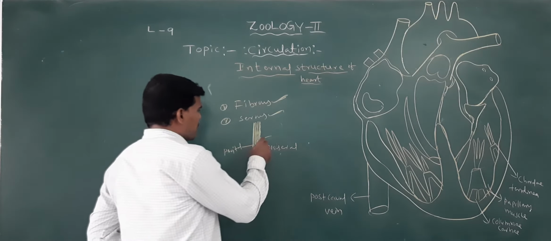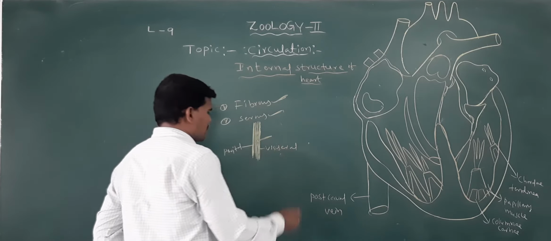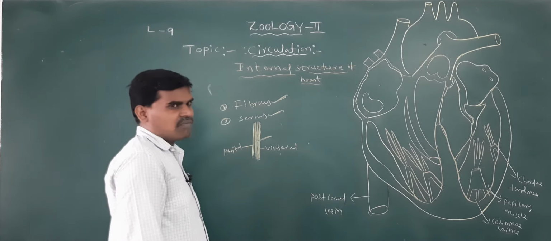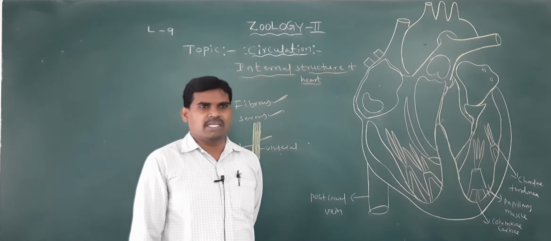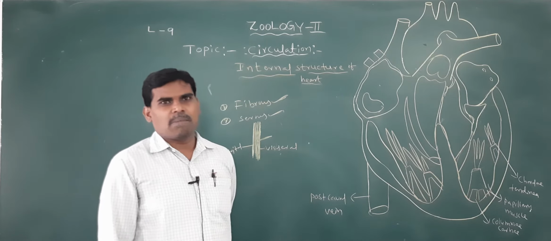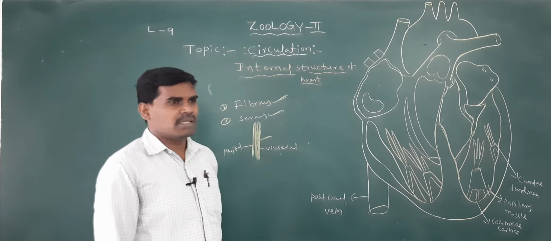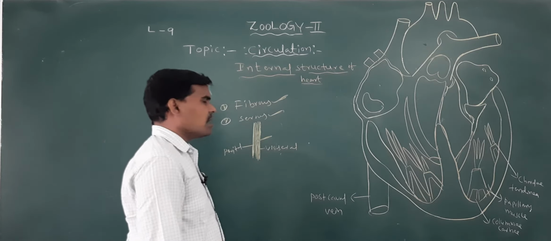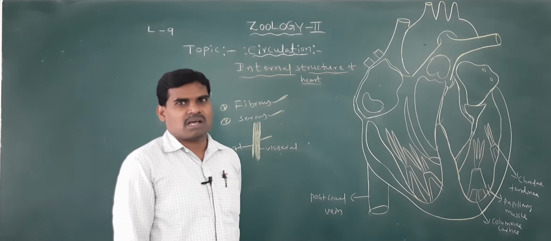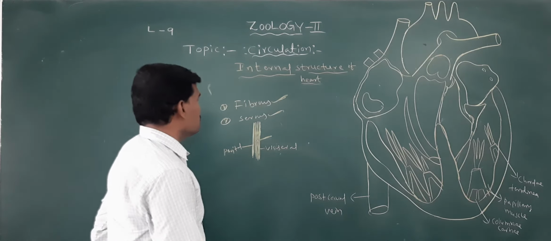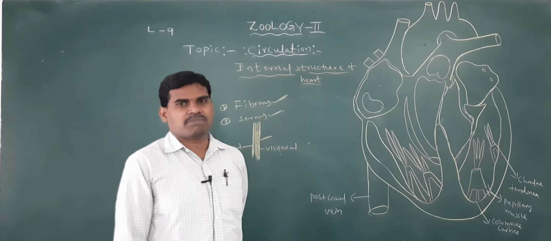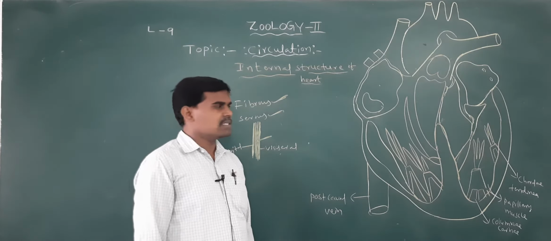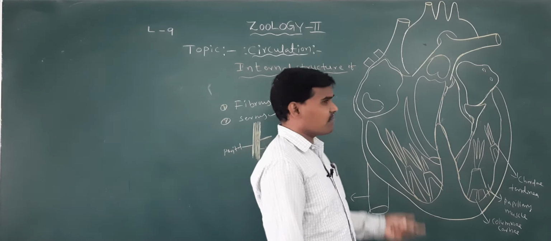The pericardial fluid reduces friction and protects against mechanical injuries, acting as shock absorption, so the heart contracts and relaxes with smooth movement. The shape of the heart is conical. It is a myogenic heart, made up of muscles.